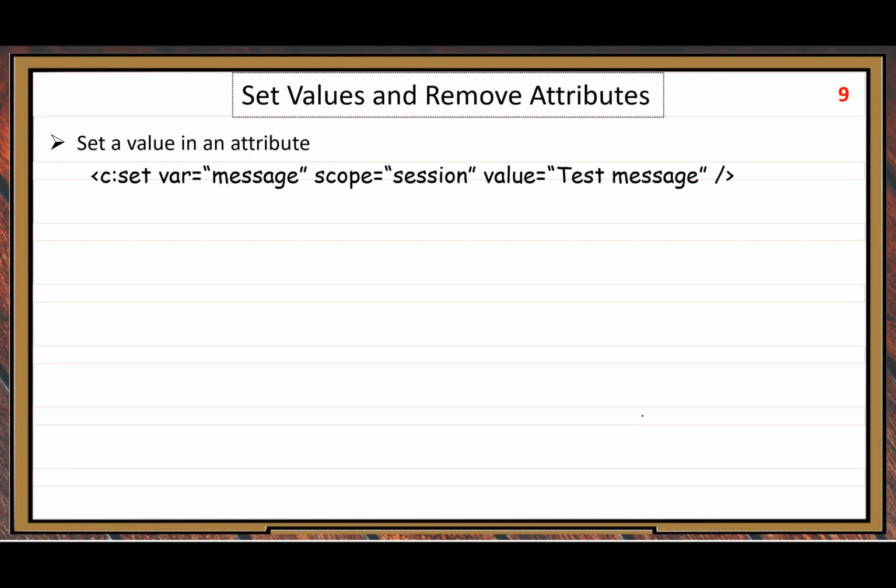Look at the way. c:set, variable name message, scope session, the value, test message. This JSTL way, you can set some special value under the message attribute in the session scope.